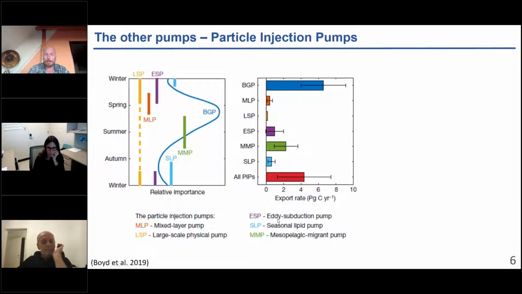And then you have the eddy subduction pump, which is mainly winter to spring and autumn to winter, and the seasonal lipid pump, which is during the polar night, so basically during winter.